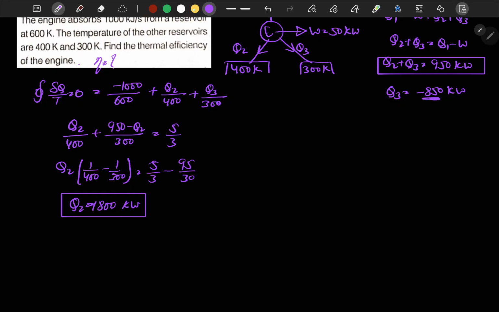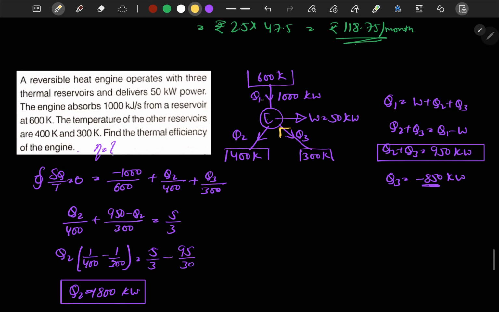It means that our assumed direction is incorrect, and heat will be flowing in the opposite direction. So it means that Q1 and Q3 both will be acting as sources, and our Q2 reservoir will be acting as a sink.